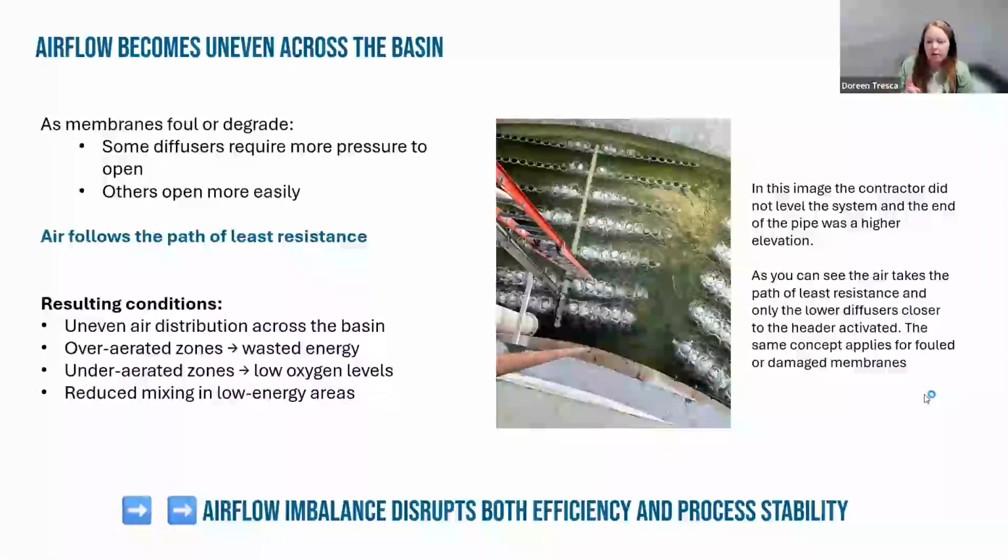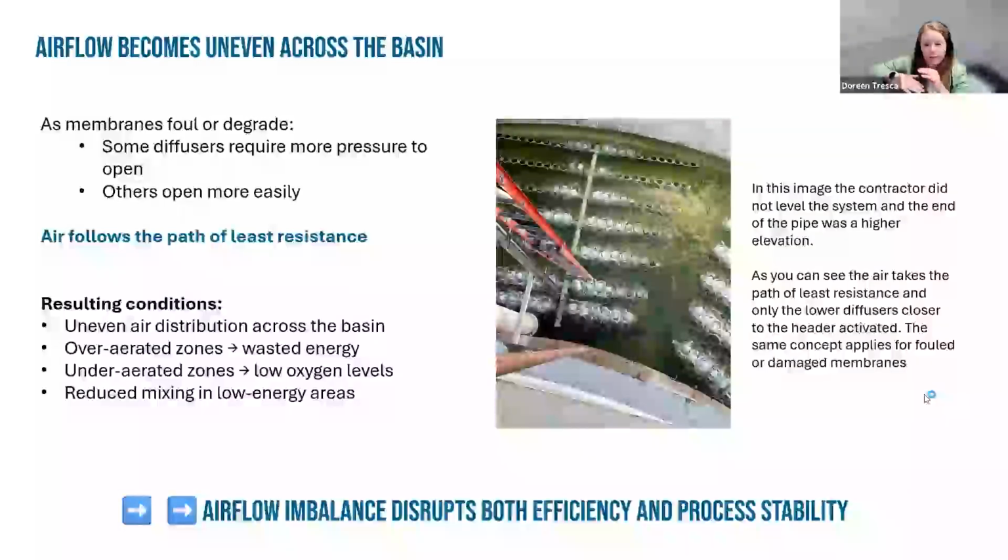On this slide, I included an example. We had a contractor where we went to site. This was a new installation, and when they first put the pipes in, we caught it before they officially started up, but the pipes weren't level. In this case, the airflow was taking the path of least resistance. If you're looking at the T, the diffusers toward the center are lower, whereas the diffusers toward the end of the pipe run are higher.